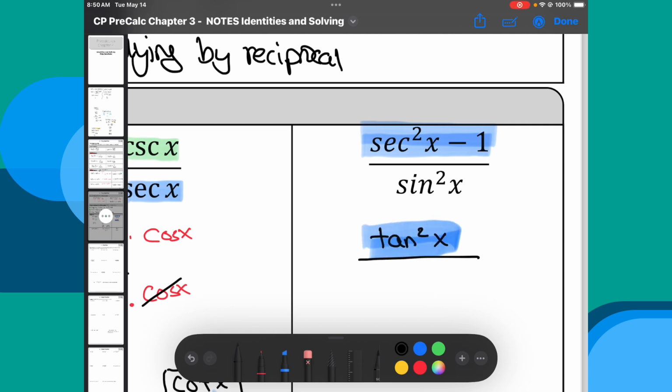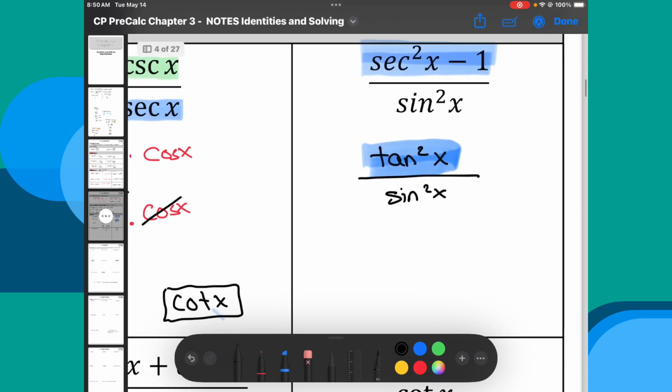Those two are equivalent, I'm just replacing them with each other. Now that we have tangent squared, let's rewrite it in terms of sine and cosine: sine squared x over cosine squared x, all over sine squared x.